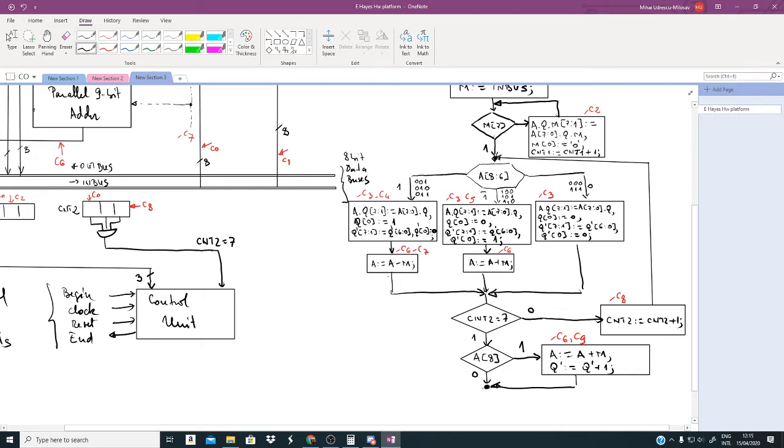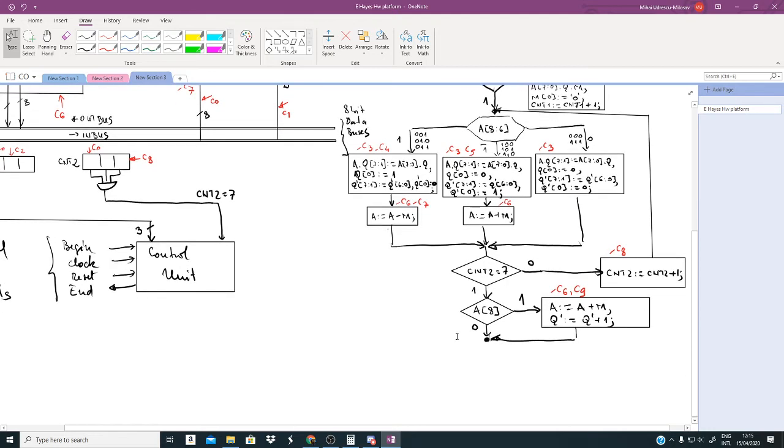After performing this correction, we shift back. So we are looking at a signal which tells us if count 1 is 0: CNT1 equals 0.